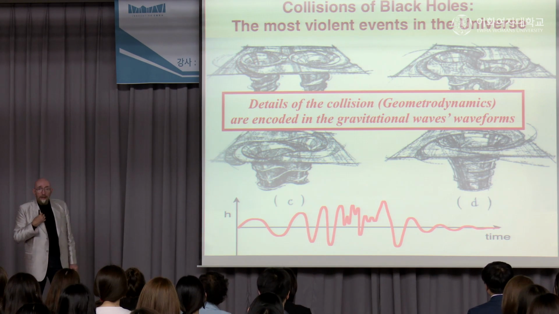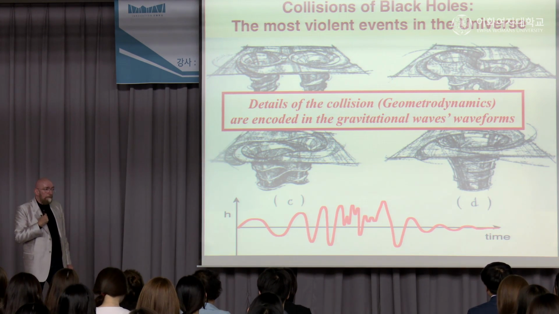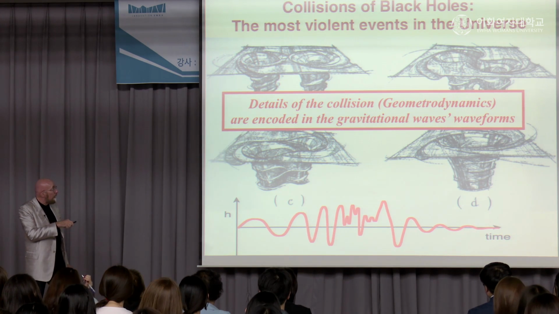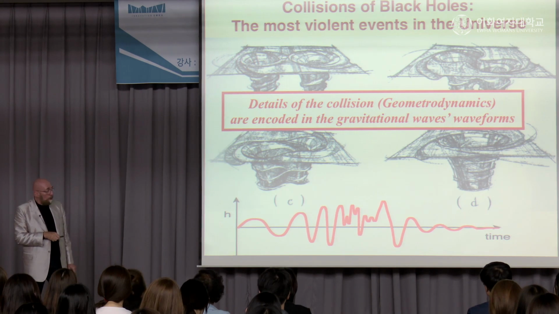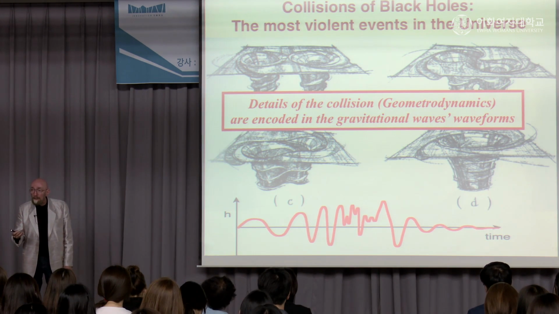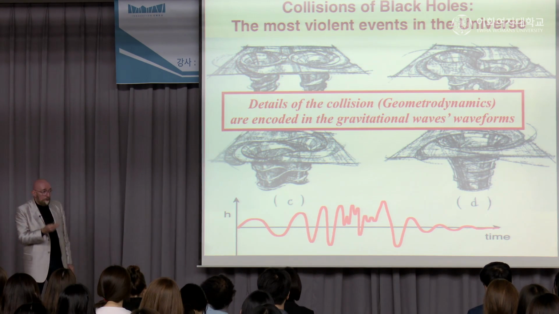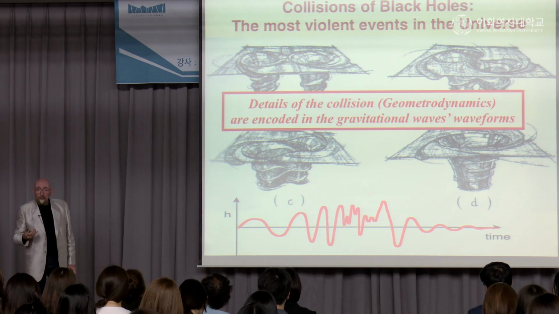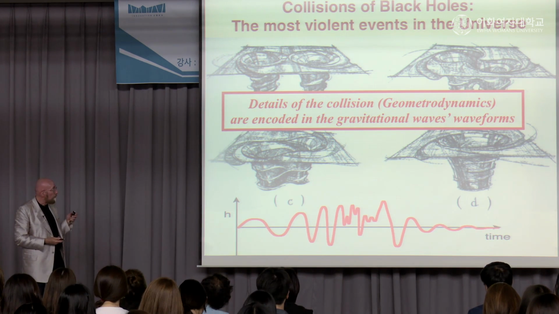And just as my voice carries information carried by these sound waves, similarly, the gravitational waves from colliding black holes carry detailed information about geometrodynamics, which we want to extract by observing these waves, measuring the waveforms, and comparing with simulations on supercomputers.